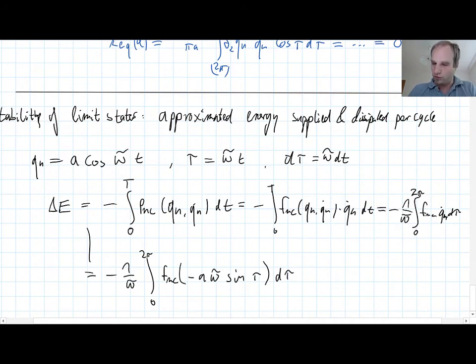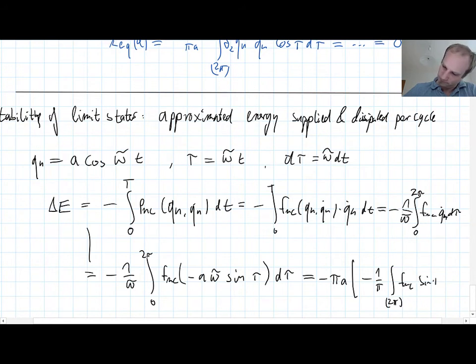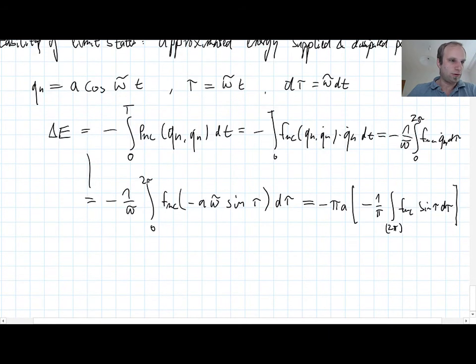And if I look very closely to the definition of the equivalent damping, I see that whatever I get here needs to be this, minus pi a. So it's this.